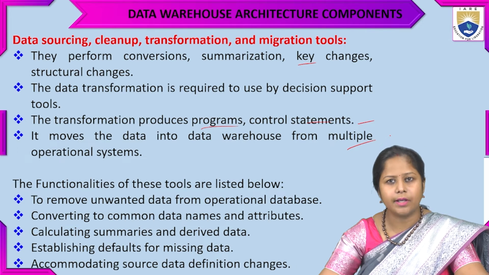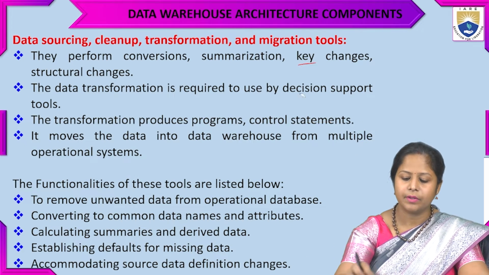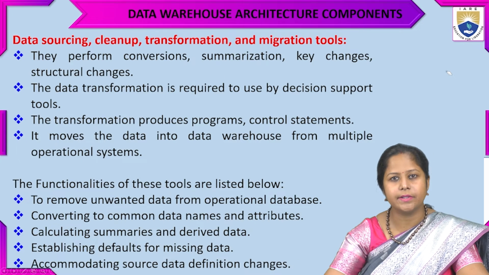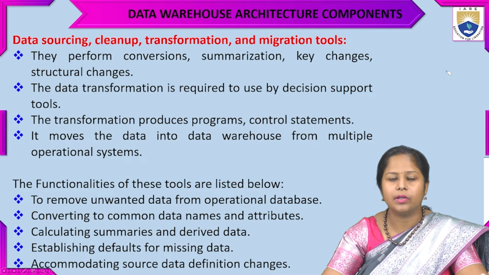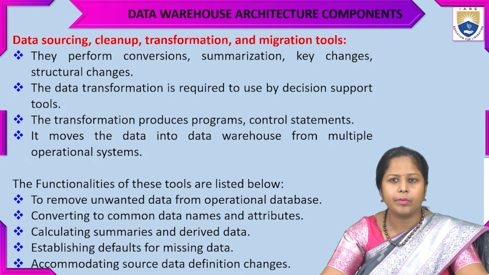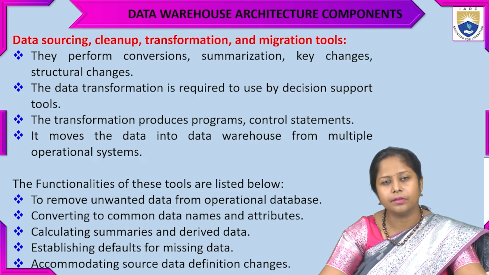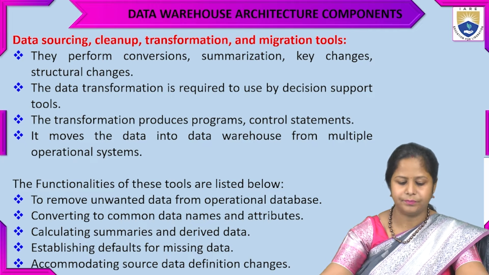It moves the data into the data warehouse from multiple operational systems. The data comes from the operational systems, because all the data is coming from sources, which is basically transactional data. That will move the data into the data warehouse.